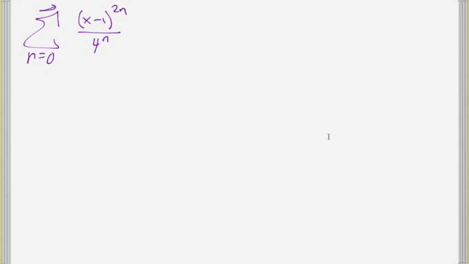Hint, hint. Find the interval? You want to find the radius, I think, of convergence. Interval or radius, either way, you do the same thing. We need a ratio test. Unless it's geometric, you need a ratio test, and this is not geometric.